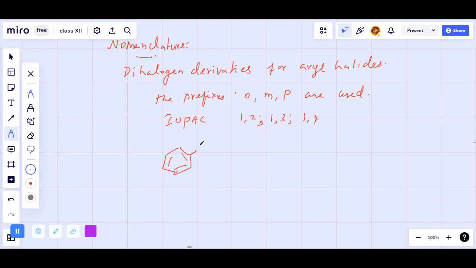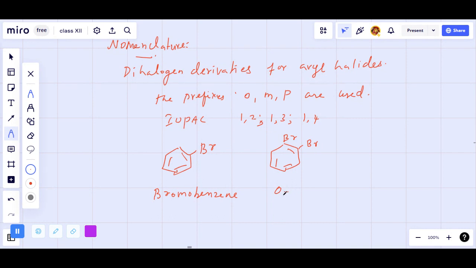Suppose one halogen is there. The IUPAC name is bromobenzene. If there are two, here one and here one, that means position one and position two. One, two means ortho.